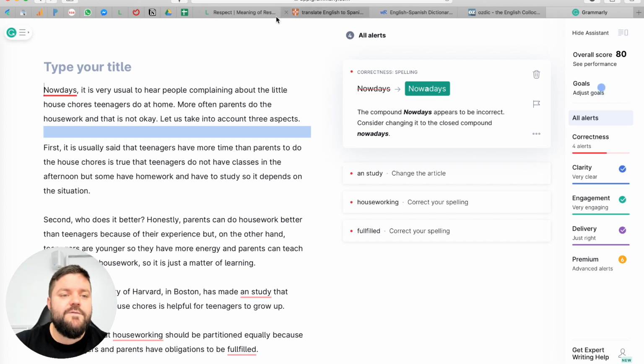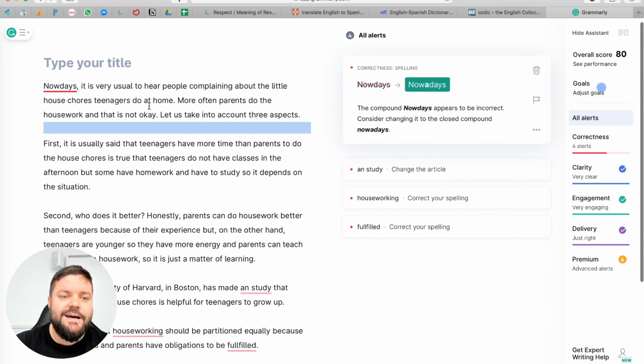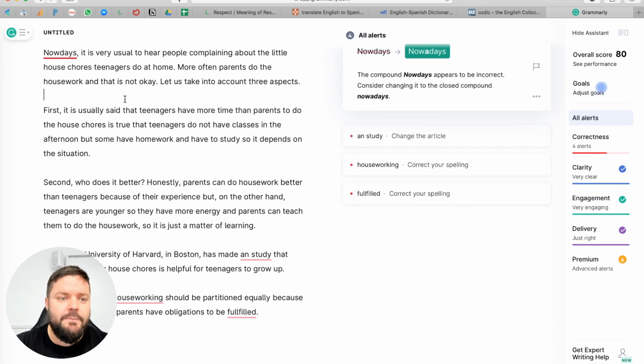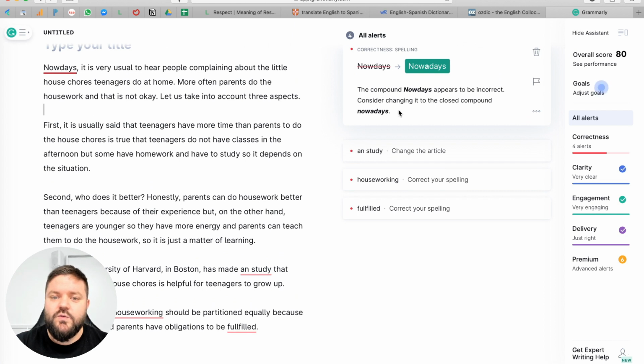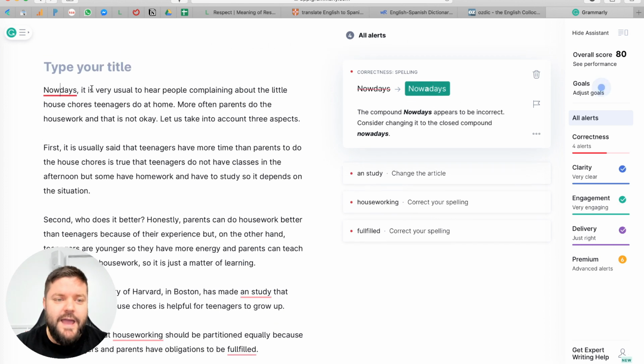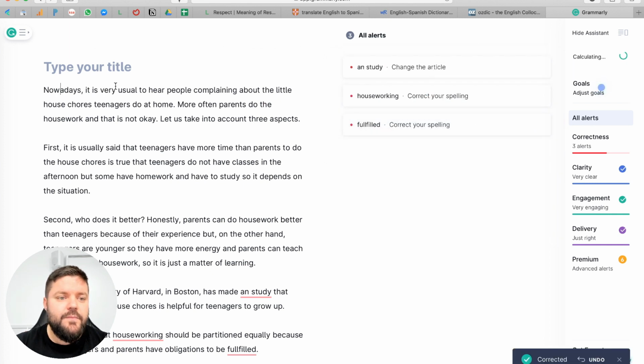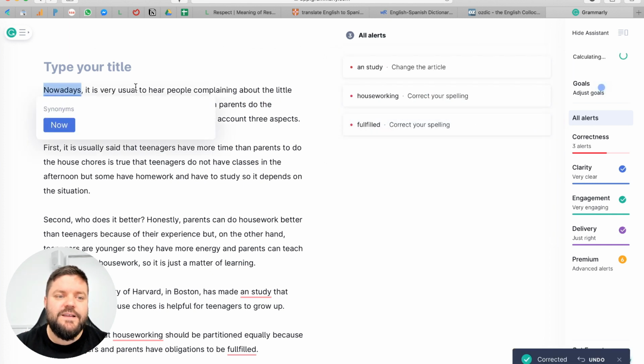Right? So I've pasted here an essay that a student wrote a while back, and it's automatically highlighted 4 mistakes that are probably quite silly. For example, nowadays, you can see the mistakes here and in the text, and it says obviously that nowadays it's missing an A. So you just click there, and it's automatically corrected.